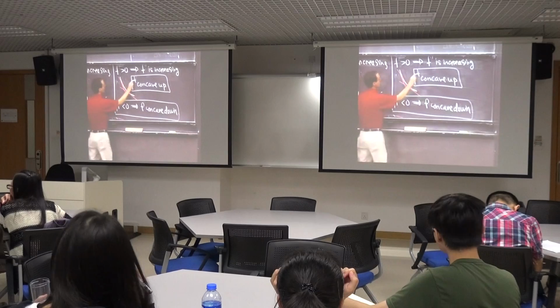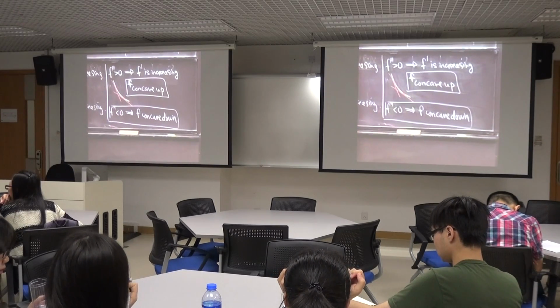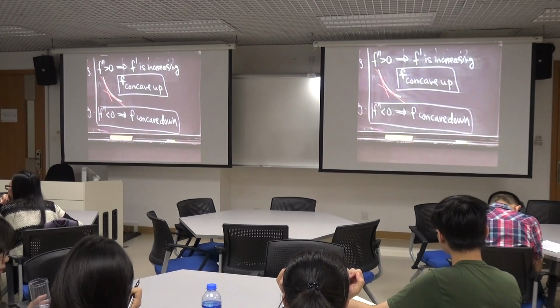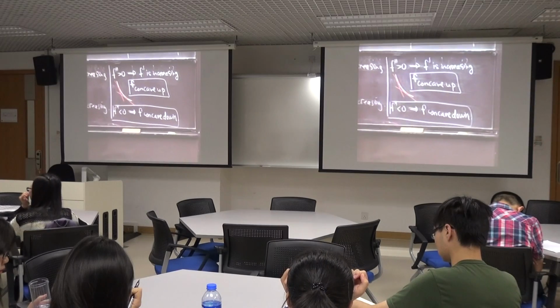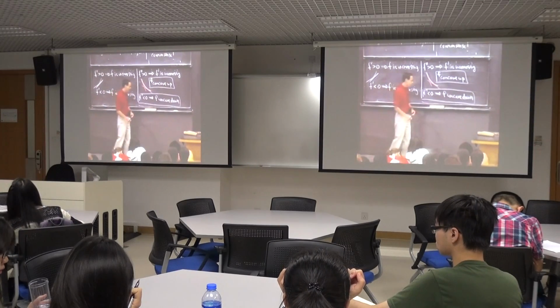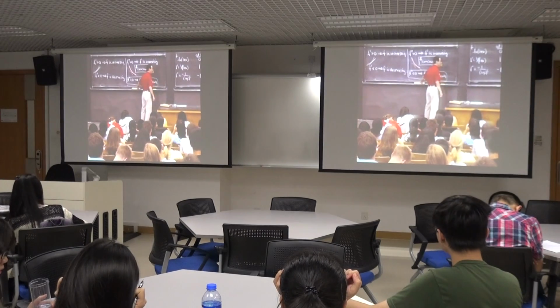All right. So those are the ways in which derivatives will help us qualitatively to draw graphs. But as I said before, we still have to use a little bit of common sense when we draw the graphs. These are just the additional bits of help that we have from calculus.